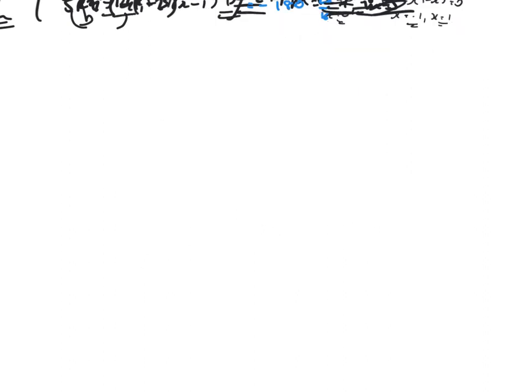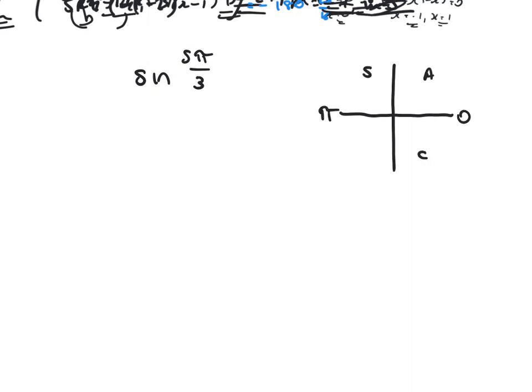Okay, question 8, we're looking to write the exact value of sine 5 pi over 3. Pi over 3 is 60 degrees, so this is sine 300, so I'm going to be thinking in degrees but writing in radians. So we're out with 0 to 90, 0 to pi over 2, so let's get the CAST diagram down. 5 pi over 3 is going to lie in the sine quadrant.